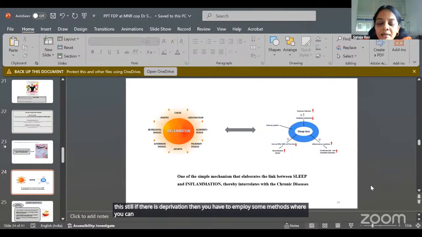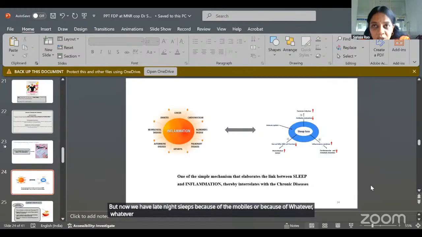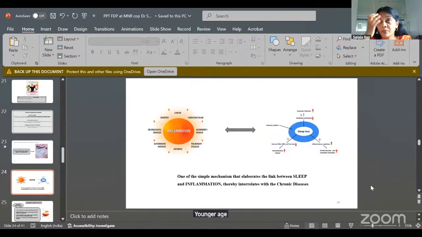But now we have late night sleeps because of mobiles or whatever else. I shared with you about the heart attacks happening at 20 to 30 years of age. This is also one of the reasons why people are dying at such a young age.